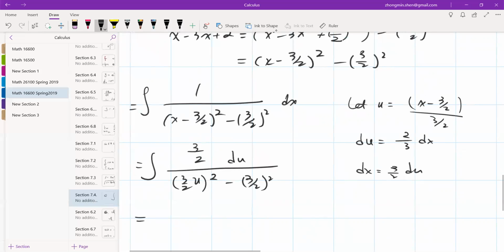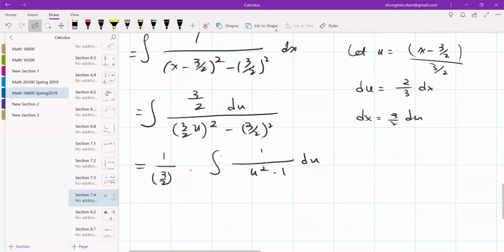So now what do you get? You get 3 over 2 taken out, and the integral of u square minus 1 du. But this is the same like 1 minus u square. I can switch the order.